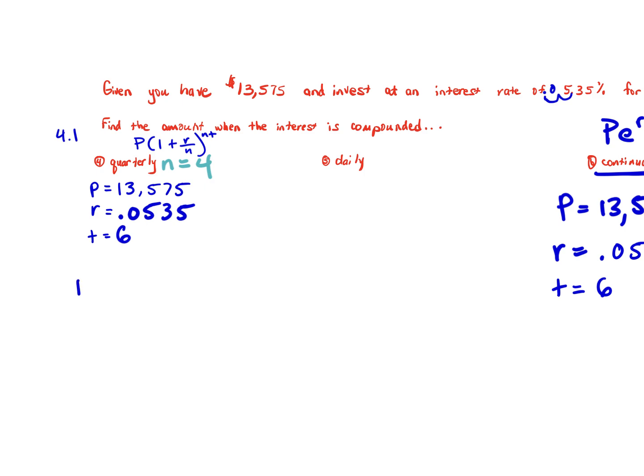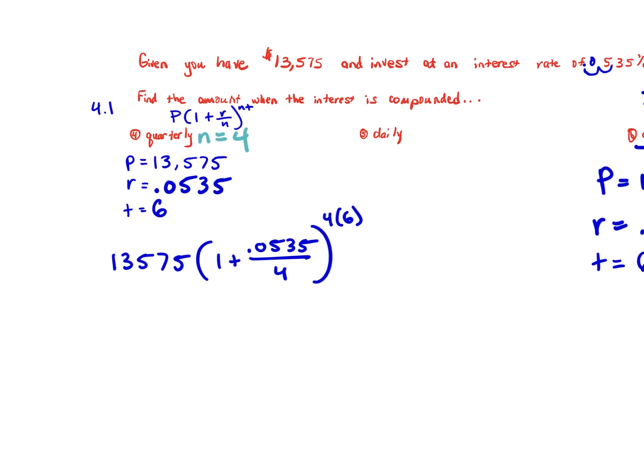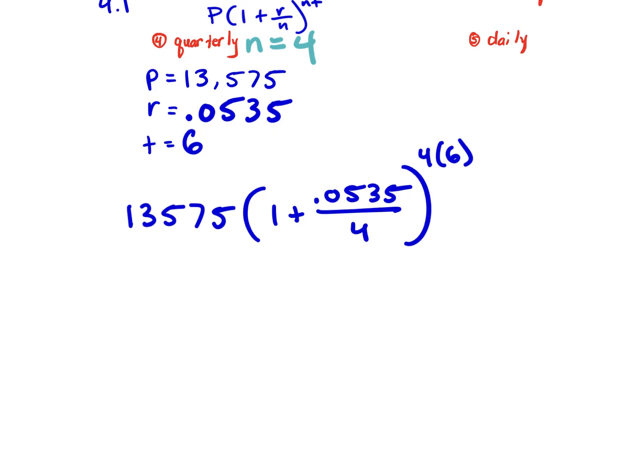So let's plug everything in. We have 13,575 times 1 plus R is 0.0535 over 4 to the power of 4 times 6. So just be careful how you put it in the calculator. I always like to do the exponent first. Let's get this out of the way. 4 times 6 would be 24.